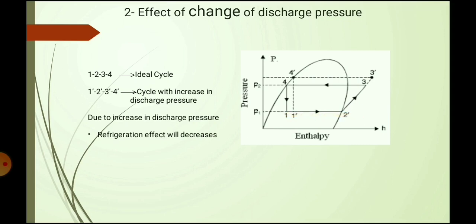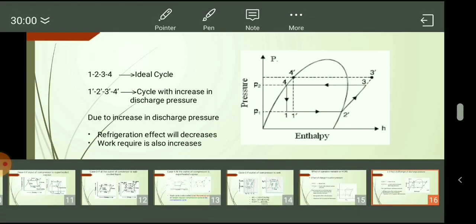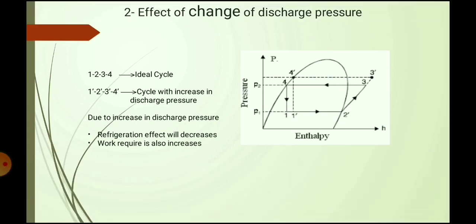Initially the refrigeration effect is H2 minus H1, but after the change in discharge pressure, the refrigeration effect decreases to H2 minus H1 dash. That is the amount the refrigeration effect decreases. Work required also increases. Due to this, the COP of the system decreases.